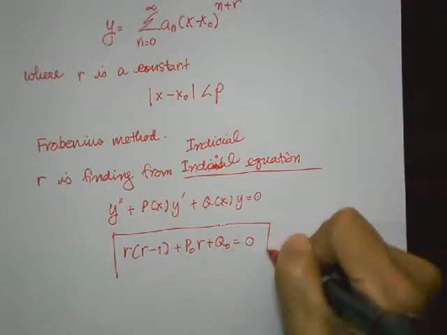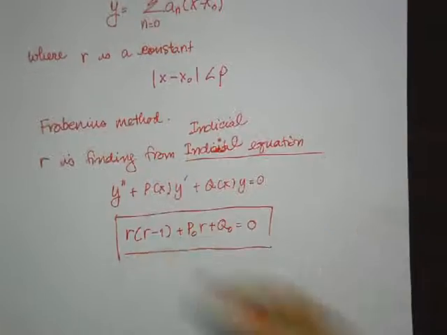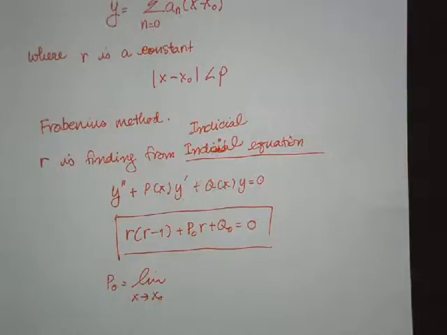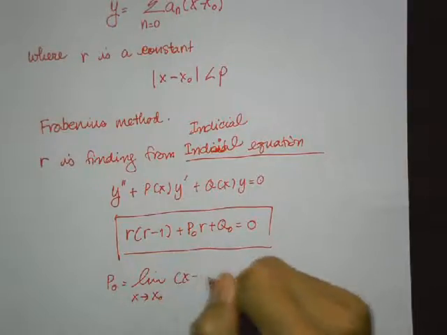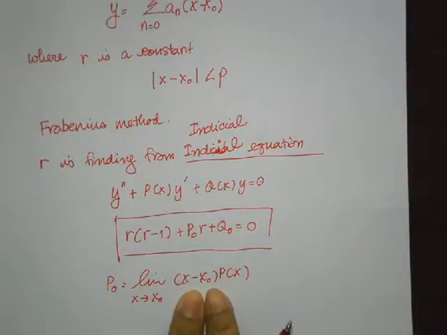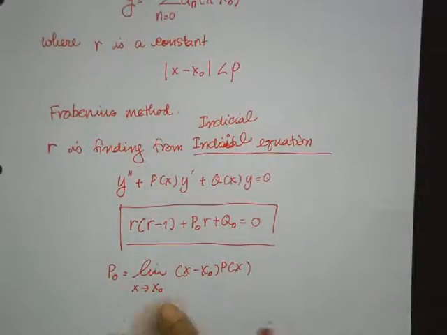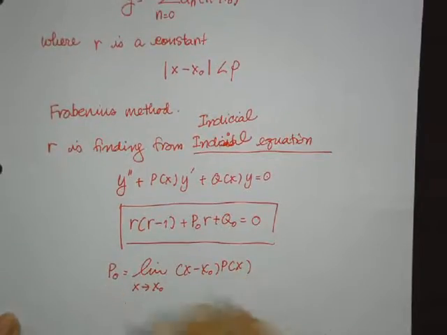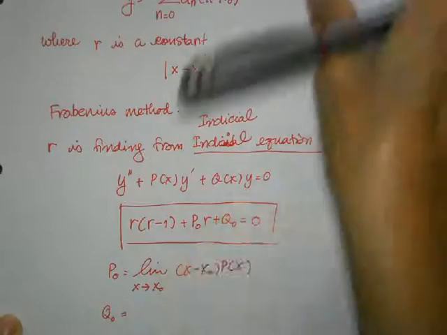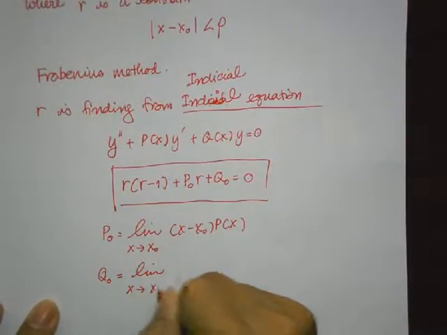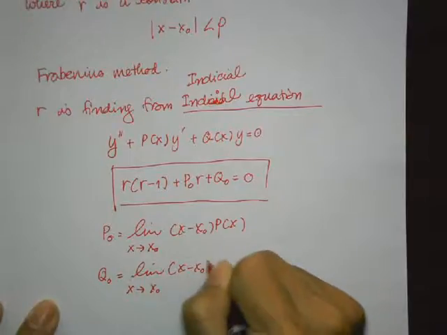We find r from this equation, and we find p0 from the limit as x goes to x0 of (x minus x0) times p(x). You find this term, and you plug x equal to x0 in there. You would get p0. For q0, it equals the limit as x goes to x0 of (x minus x0) squared q(x).